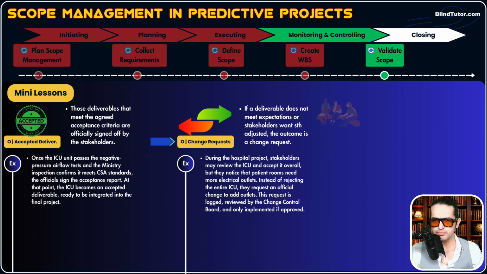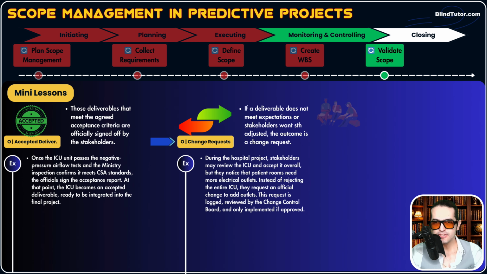Now let's elaborate with an example. During the hospital project, stakeholders may review the ICU and accept it overall, but they may notice that patient rooms need more electrical outlets, for example. This is minor. So instead of rejecting that deliverable, that ICU unit, they raise a change request. They request an official change to add outlets to each ICU room, for example.